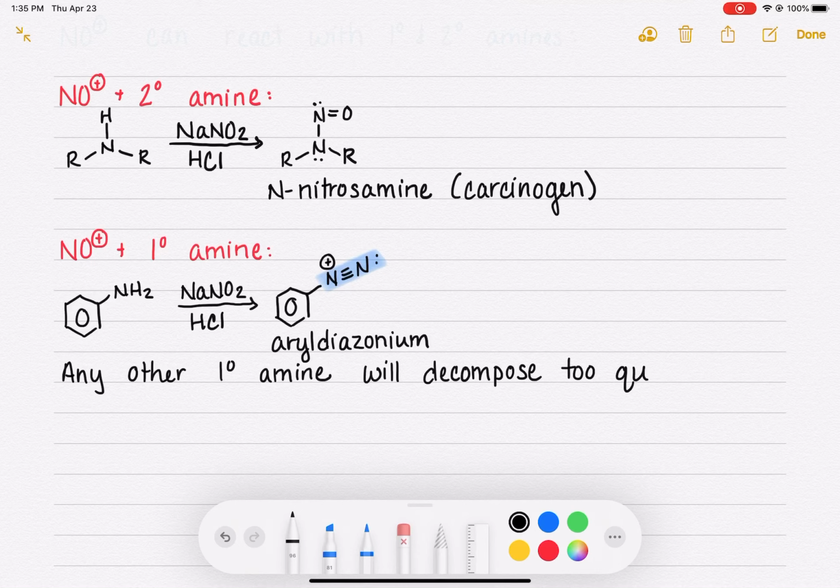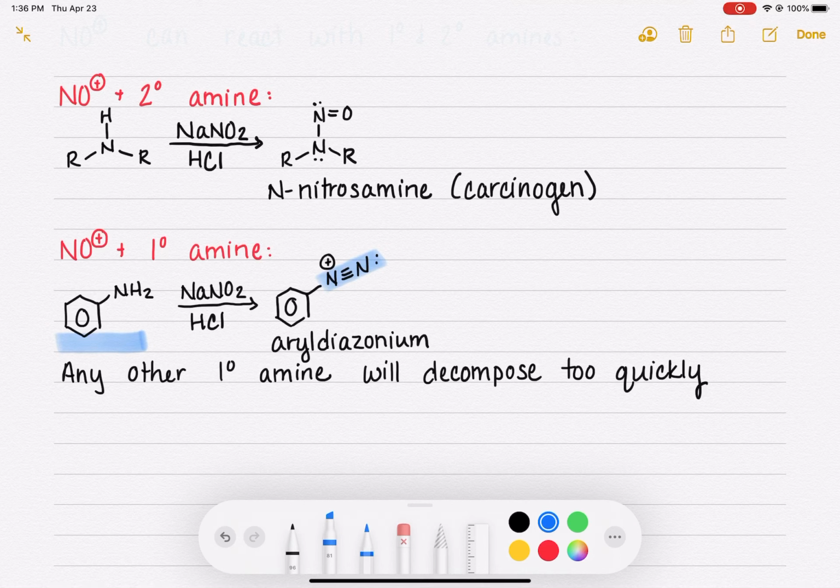In the decomposition process, we are generating N2 gas, and even though it may not be explosive in terms of flame and fire, generating a large quantity of gas very quickly can cause your glassware to break or things to be splattered all over the place. So if you start with any other type of primary amine and make the diazonium product, it will decompose too quickly to be useful synthetically.